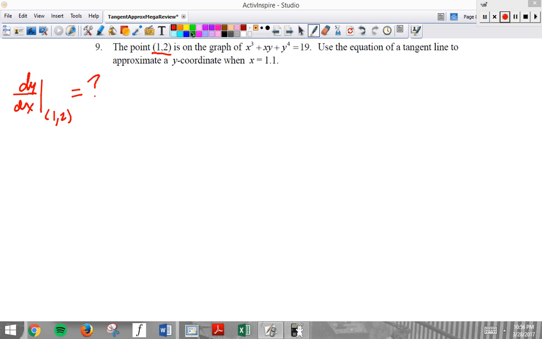So I need to find dy dx. As soon as you see something like that, you should think implicit differentiation. Product rule. Chain rule.